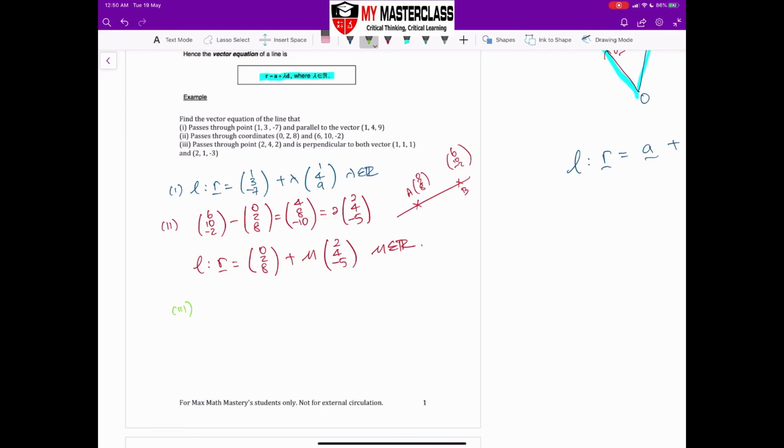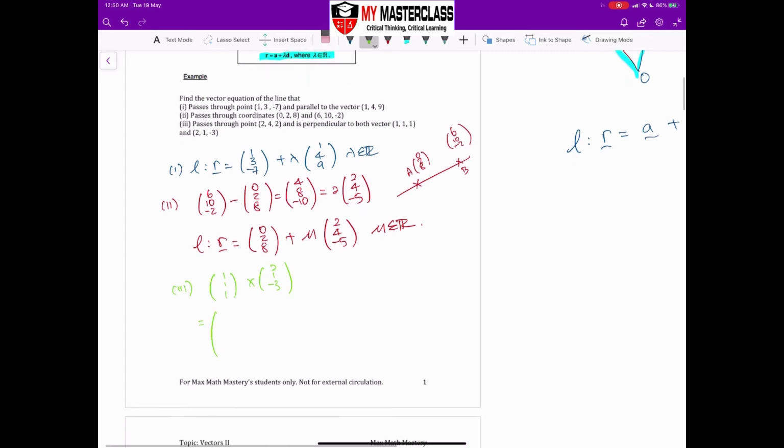How about the direction of the line? The question specifically says that the line is perpendicular to both the vectors (1, 1, 1) and (2, 1, -3). What we learned in vector 1 is that to find a vector that's perpendicular to two vectors, I have to cross them. So I take (1, 1, 1) cross (2, 1, -3).